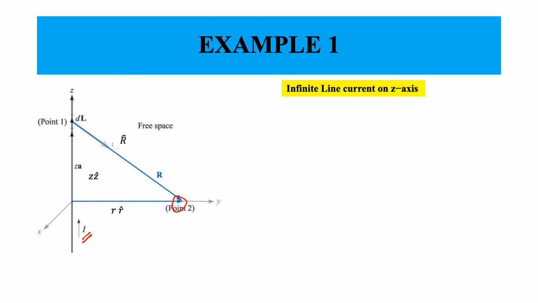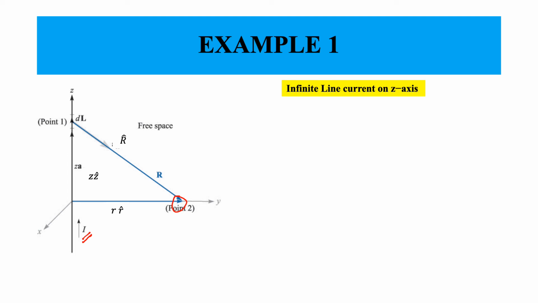Now without talking too much about the symmetry of the problem, which is what we did when we applied Coulomb's law, we didn't really think too much about symmetry initially. So we will not do that here. We will not think about symmetry, we will just apply the Biot-Savart law and see what the resulting field would be.